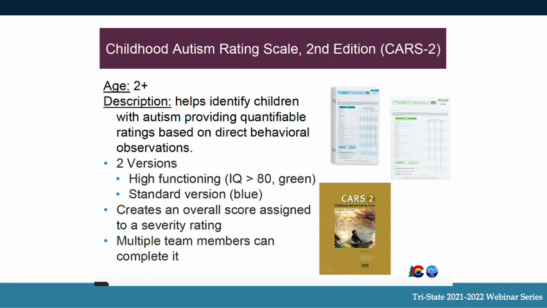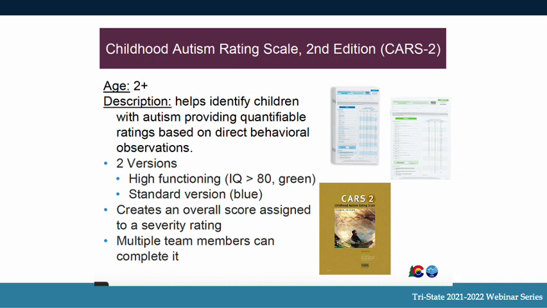So the first is the Childhood Autism Rating Scale, the second edition. This is a set of behavior checklists that can be used by multiple raters to give their impressions of the child in multiple situations. It does begin at approximately age 2, so it could be used in the second year of life within the Child Find system, for birth to 3, but most likely it will be used in a preschool situation.